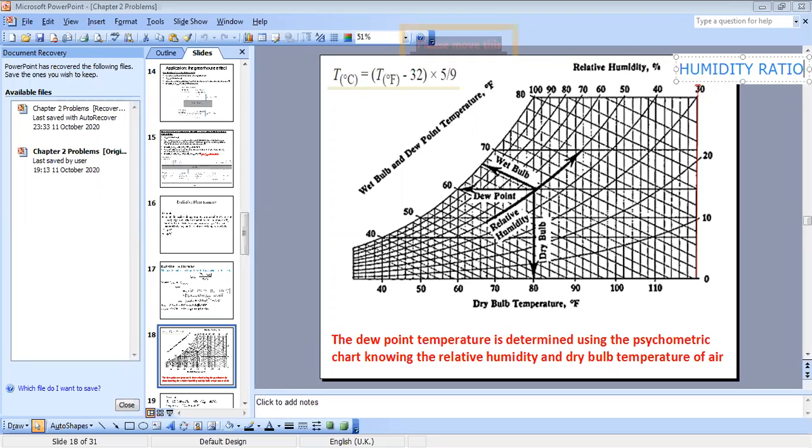So the humidity ratio represents, because you know that air contains water in the vapor form, the mass of water vapor in kilograms over the mass of dry air in kilograms.